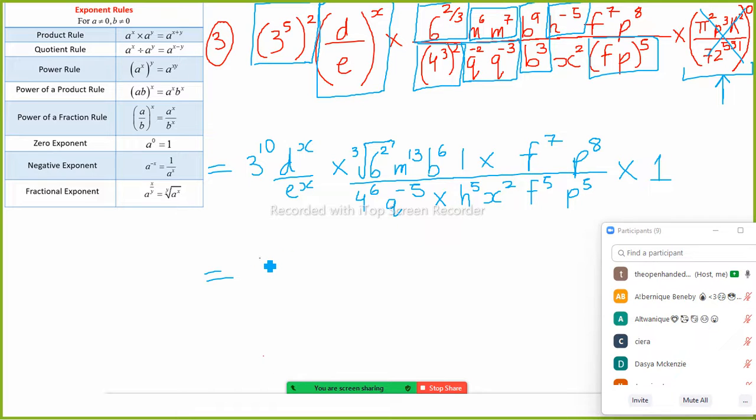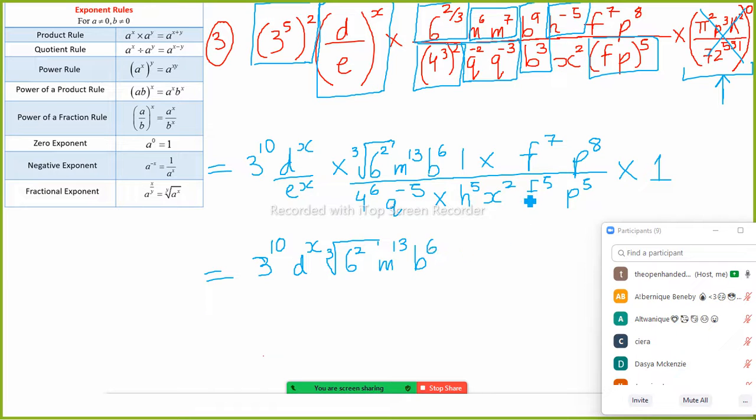So this is going to be 3 to the power of 10, d to the power of x, the cube root of 6 squared, m to the power of 13, b to the power of 6.